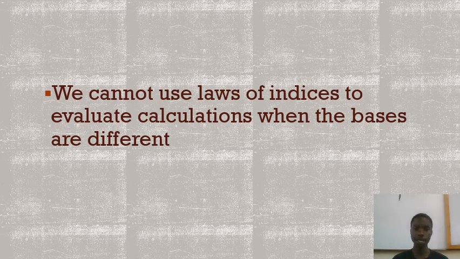Different bases means, for example, a number 3 and 2, and then you say that laws of indices can apply there. No, we cannot use them there. Let me give you a simple example: 2 power 5 multiplied by 3 power 3. Here we have two different bases, so the laws of indices cannot be used here because of the difference of the base.